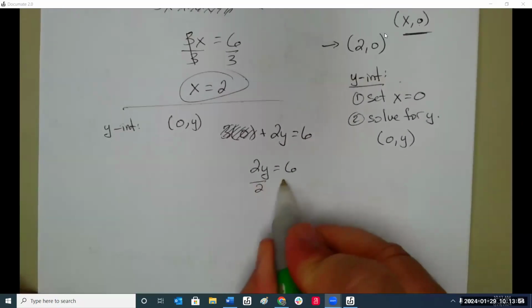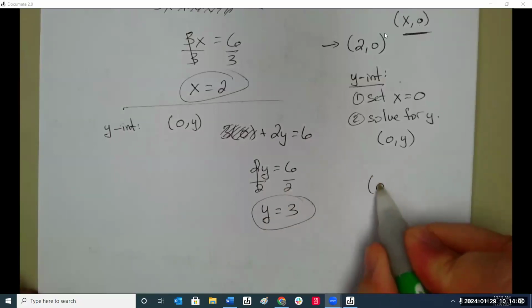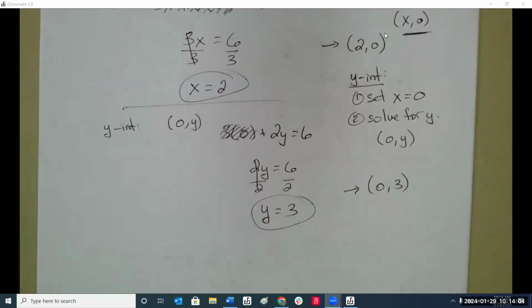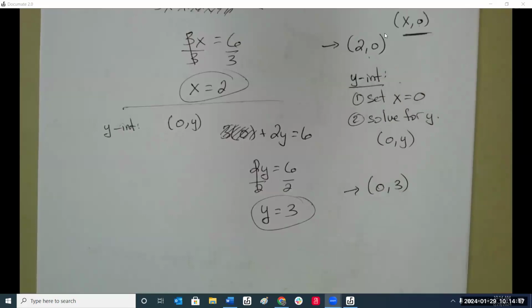And divide by 2. And there's the y-intercept. If it works out, that's how you would graph this equation. You just plot both of these, since they're easy numbers, plot them, connect them, and you're done.